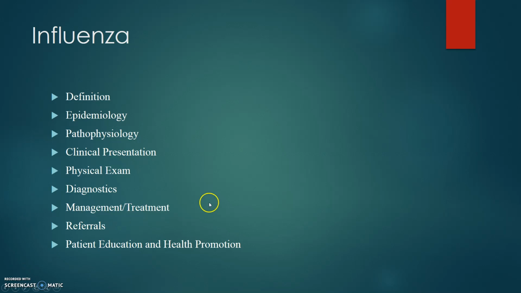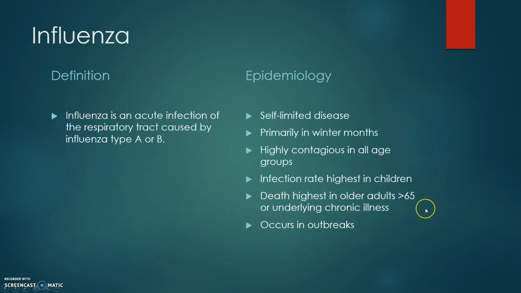text for my lectures. So we know influenza is an acute infection of the respiratory tract caused by influenza A or B, and in the past it's been caused by H1N1. But here we're specifically dealing with A and B. The epidemiological issues within influenza tell us that it's a self-limited disease. It's primarily identified and occurs in the winter months.